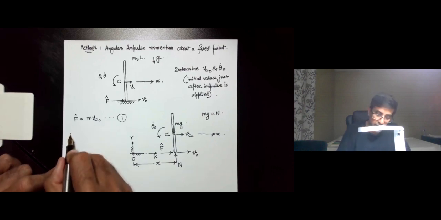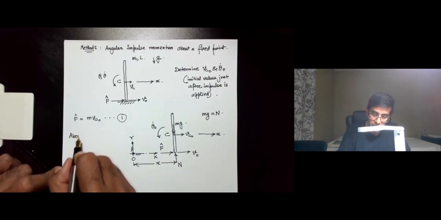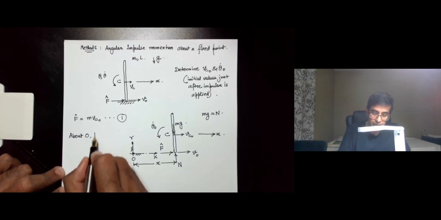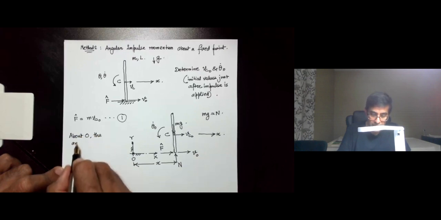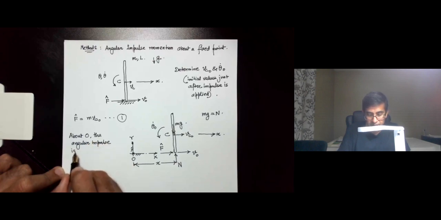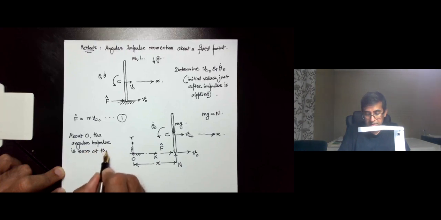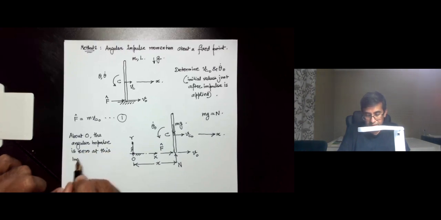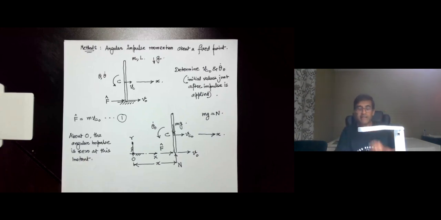So therefore, we note that about O, the angular impulse is 0 at this instant. And by this instant, we mean the instant when F hat is being applied at the ground and when the bar is vertically upright.